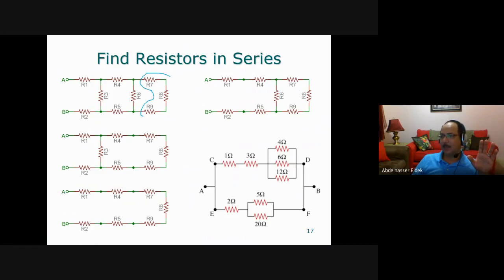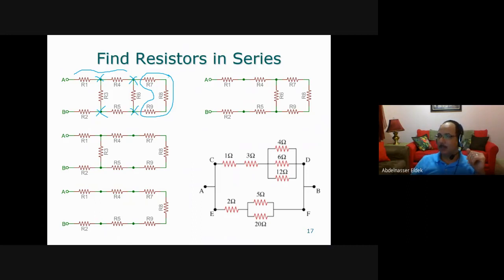These three resistors are in series. Why? Because all the other resistors here are connected through splitting points or splitting nodes. R1 and R5, for example, and R4, are not in series, because there is a splitting point here, a splitting point, and a splitting point. Then you cannot consider any of these resistors in series.